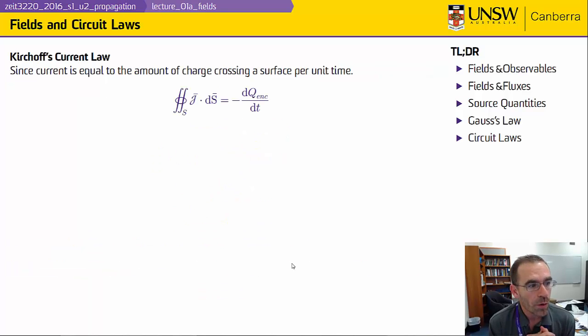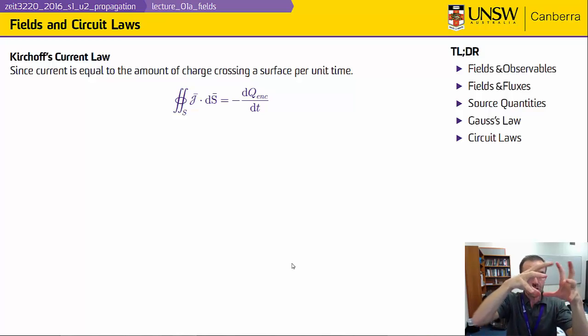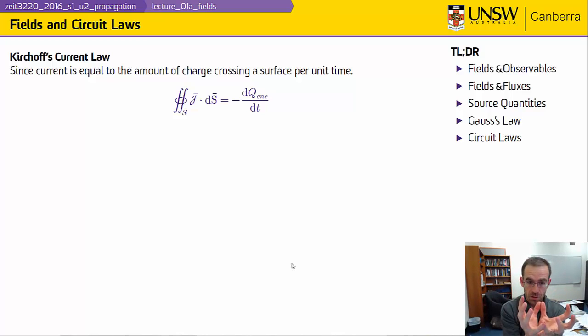The last thing I'm going to do in this lecture is to relate some of the electromagnetic field properties to some laws that you already know. We know that current is equal to the amount of charge crossing a surface per unit time. If I take that surface as a closed surface, and I have a net amount of current flowing out of it, that means the amount of charge inside that surface must be decreasing.